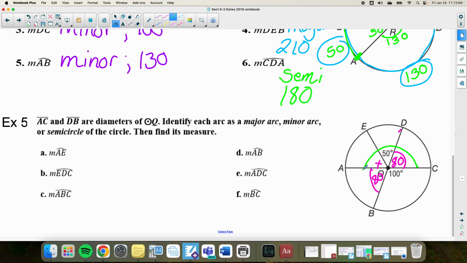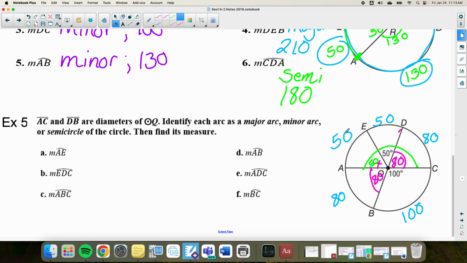So this would be 180 minus 130, which is 50 again. And it just happens that those two are the same. It's not always that way at all, okay? So now if I label what I know, if this is 50, this is 50, that's 80, 80. This is 100, this is 80, and this is 50.